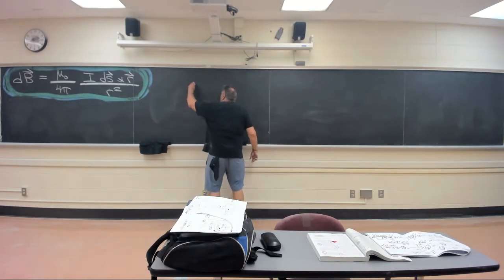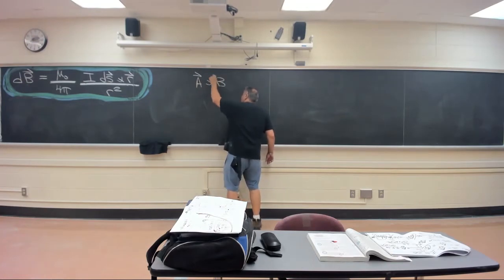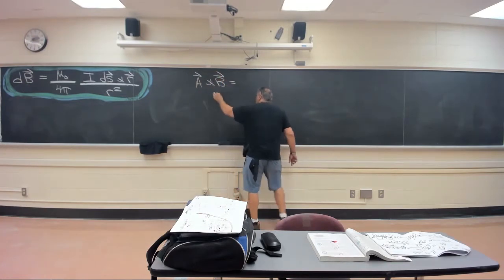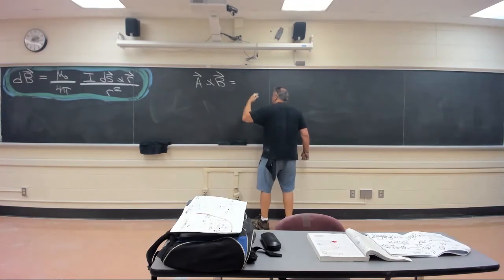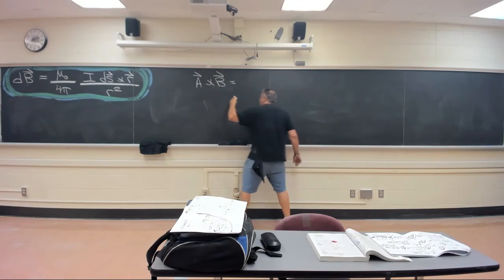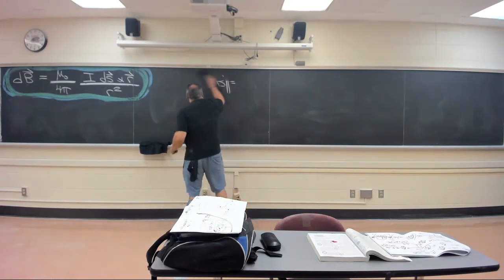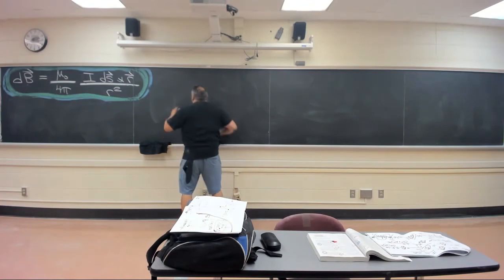We know from previous work and discussions that A vector cross B vector has directions following the right-hand rule, and a magnitude.